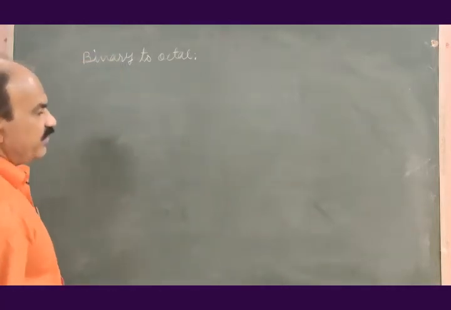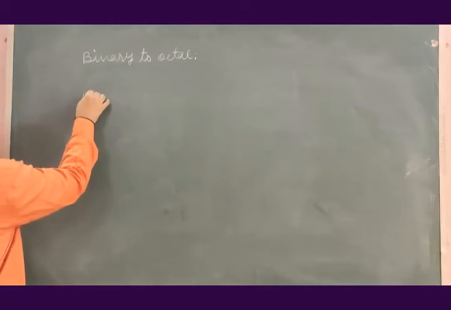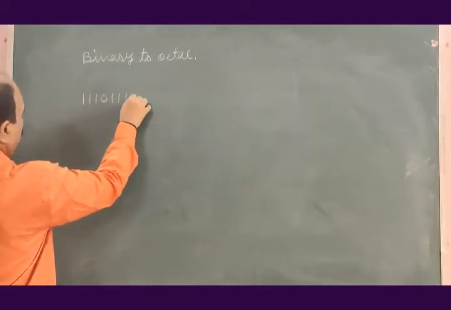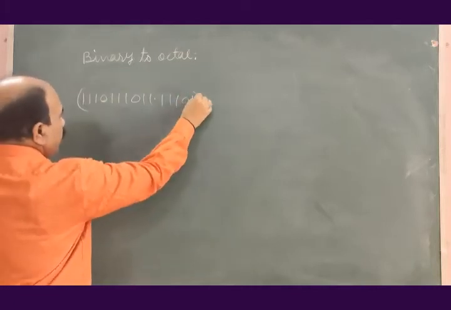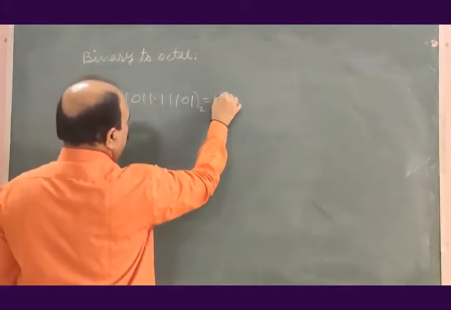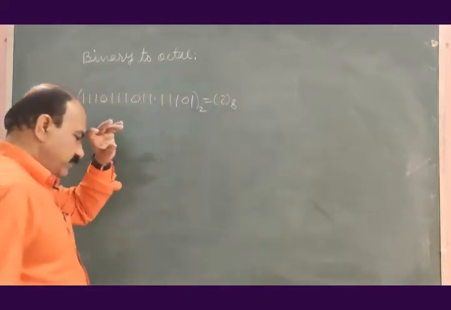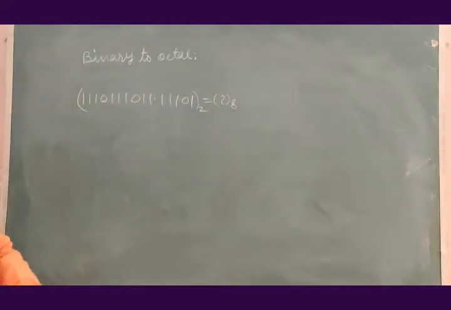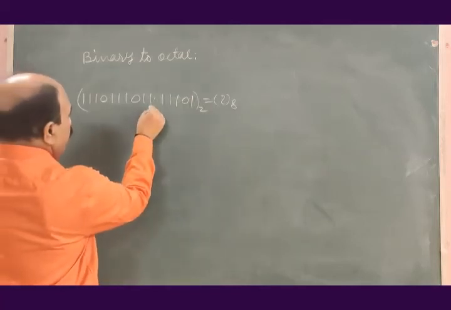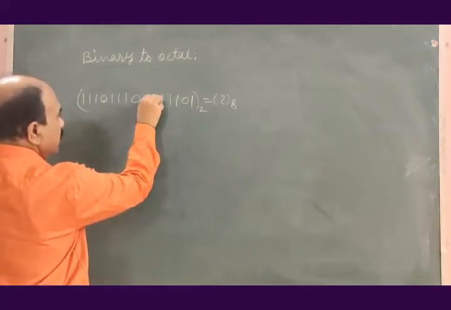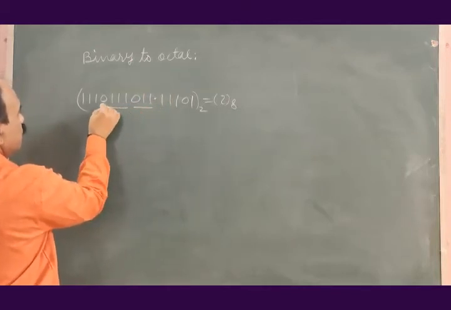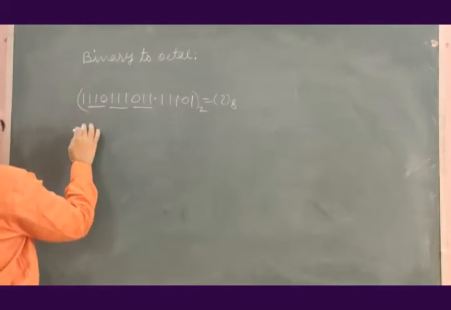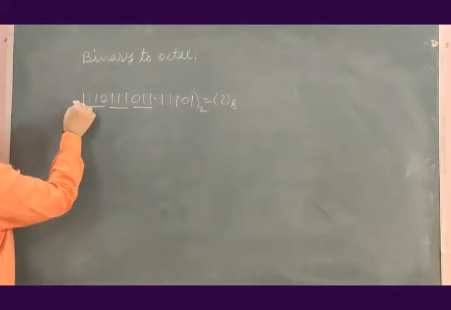Let us go for a few examples. You are given this number. Now make groups of 3 bits from the binary point. 1, 2, 3. Only 1 is left here.